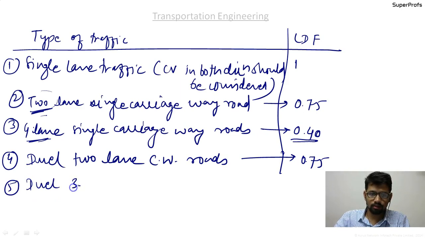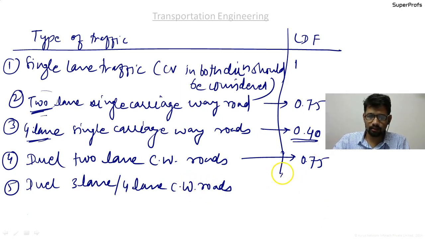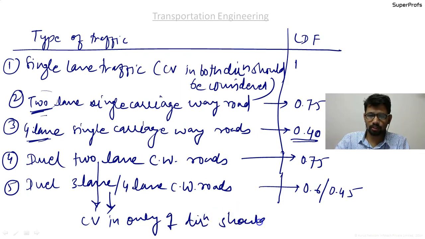For three lane it is 0.6, and for four lanes it is 0.45. In these two cases, CV in only one direction should be considered.